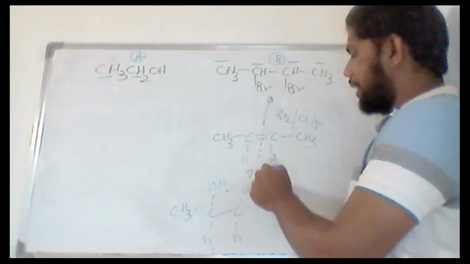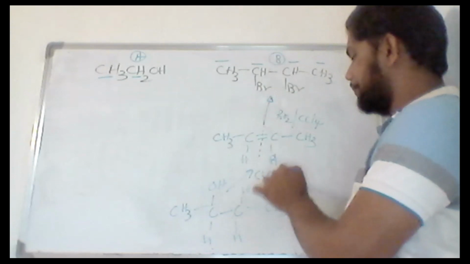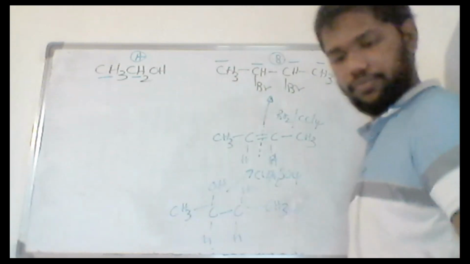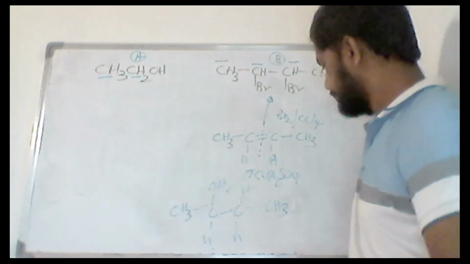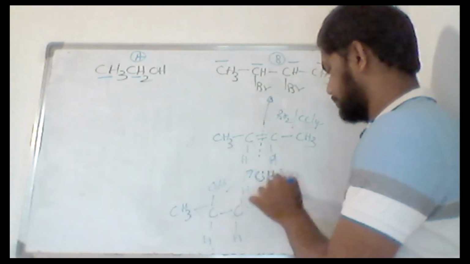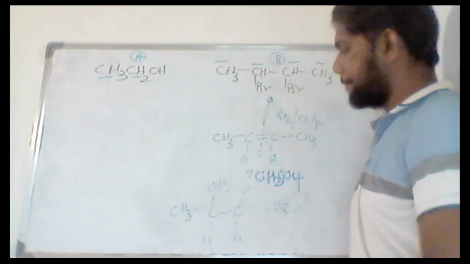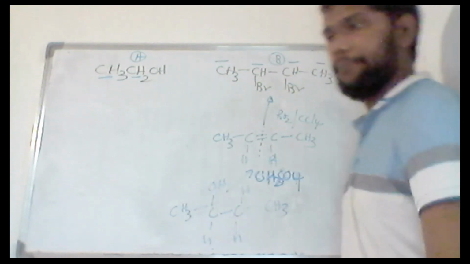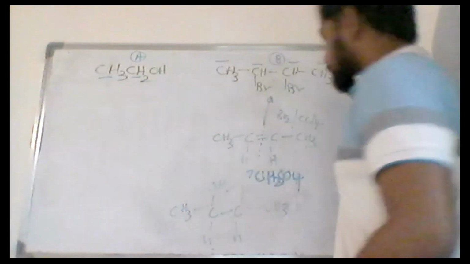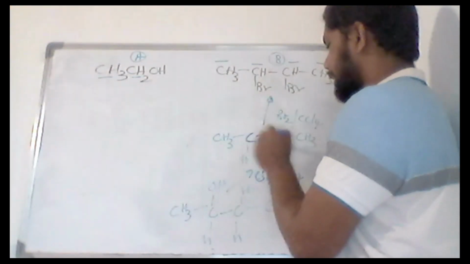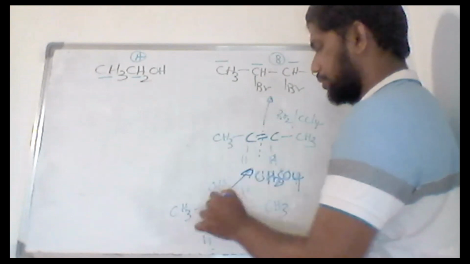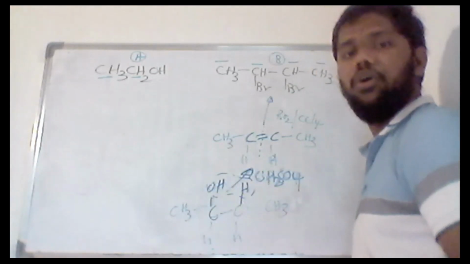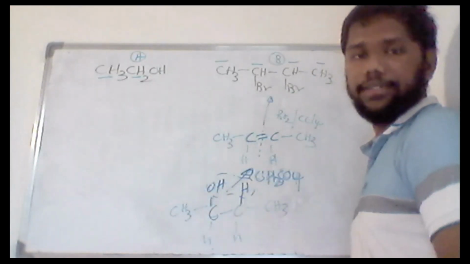So I can add H2SO4. So this could be the dehydration product, which has alcoholic OH and H, and this will be removed when you add conc H2SO4 or Al2O3, and then you can heat.